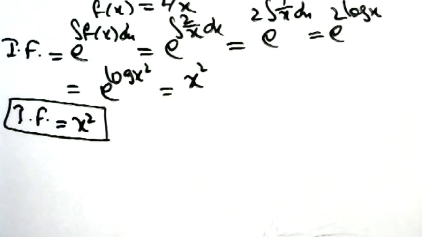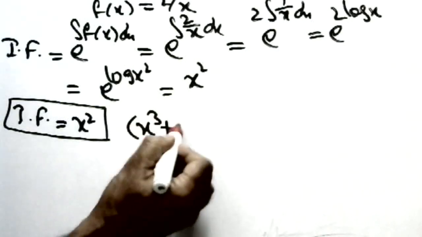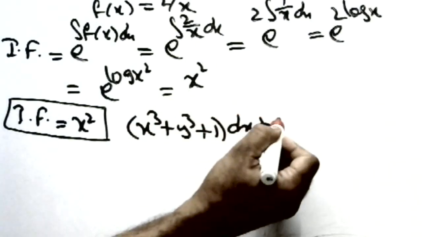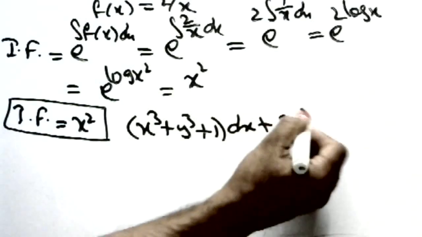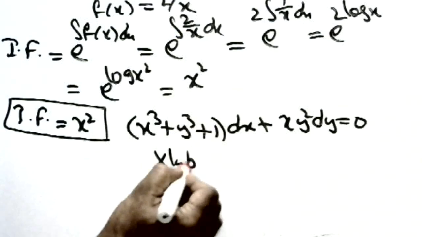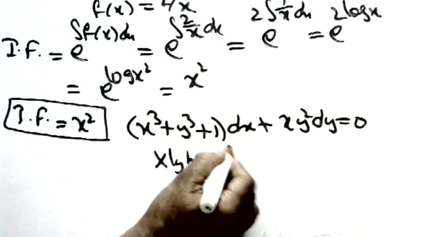Now if we multiply the equation with x squared, it will become exact. What is the equation we are having? x cube plus y cube plus 1 dx plus x y square dy equals to 0. Now multiply by x square.